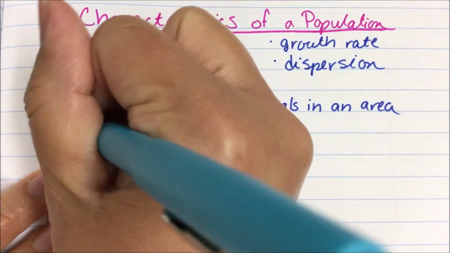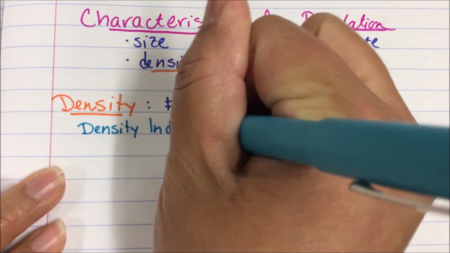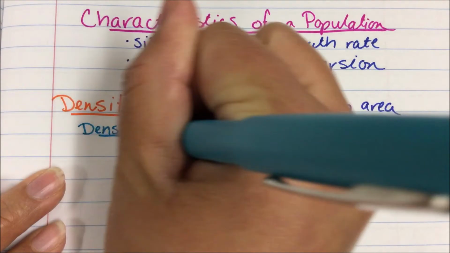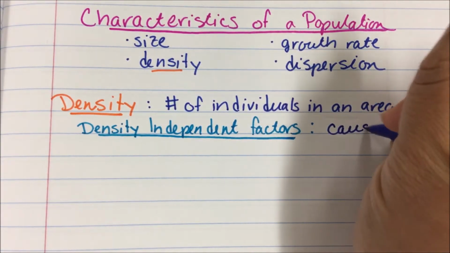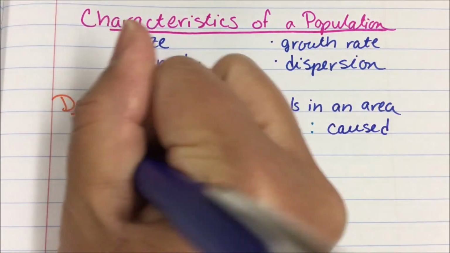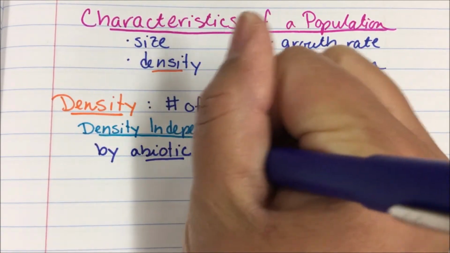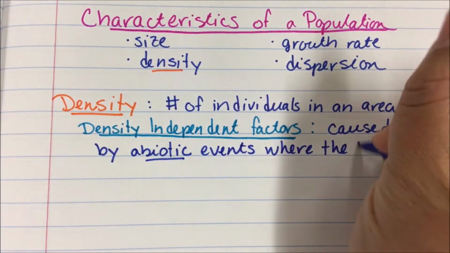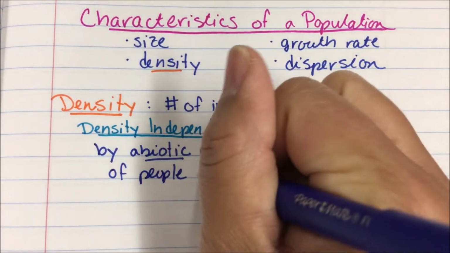We have density independent factors and then density dependent factors. Density independent factors are caused by abiotic events, where the number of people doesn't matter.